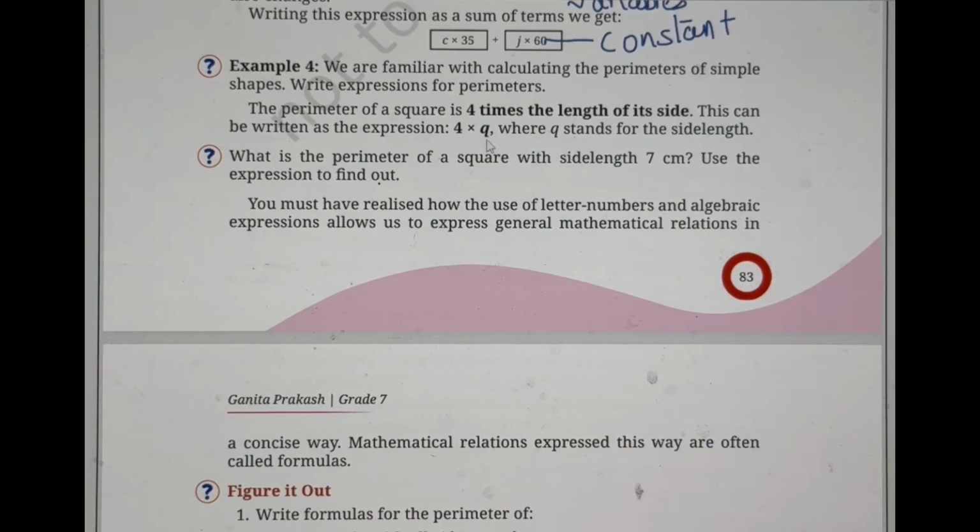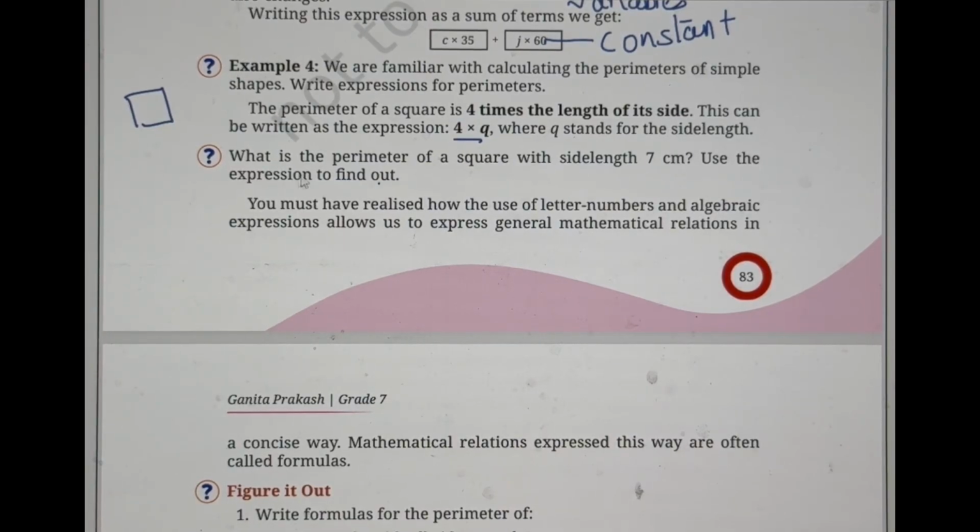The perimeter of a square is 4 times the length of its side. A square has 4 equal sides, so instead of adding the side 4 times, it is 4 into the side. Here Q stands for the length of the side.